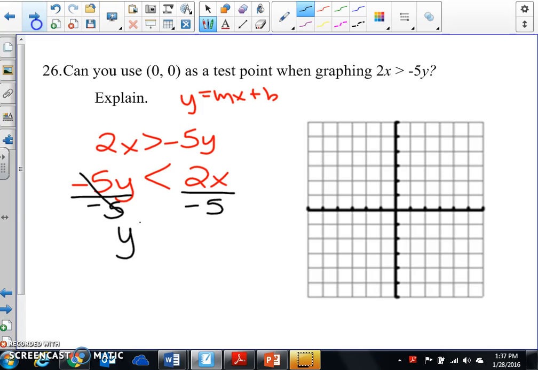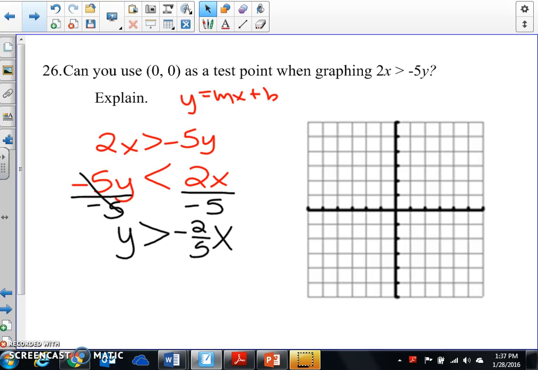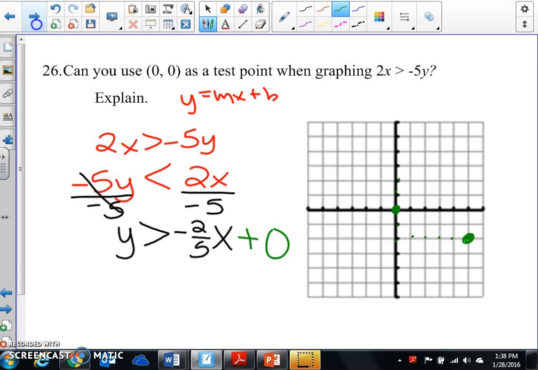When I divide by the negative, I flip. 2 divided by -5 is just -2/5, and then x. Remember, if it makes you feel better, you can put that +0 there. So if I graph it, my y-intercept is 0. My slope is -2/5, so I go down 2 over 5. 1, 2, 3, 4, 5. Up 2 over 5. It doesn't have that equal sign under there, so it's going to be dashed.